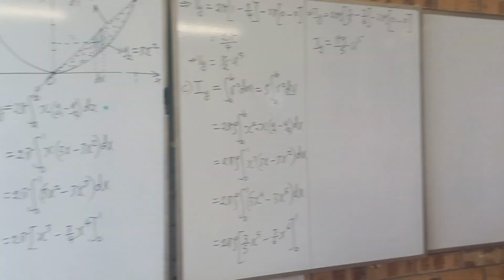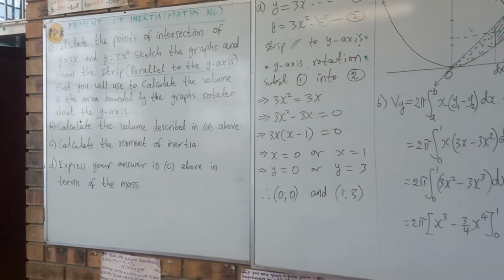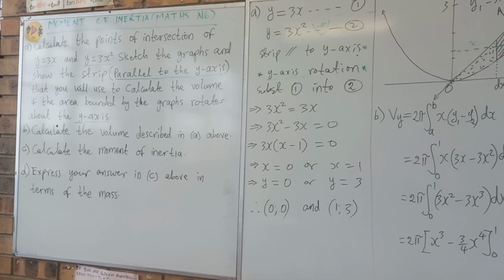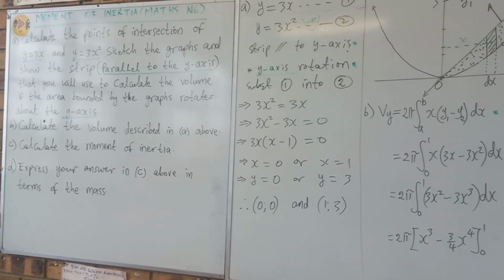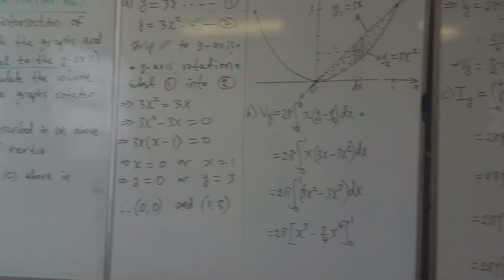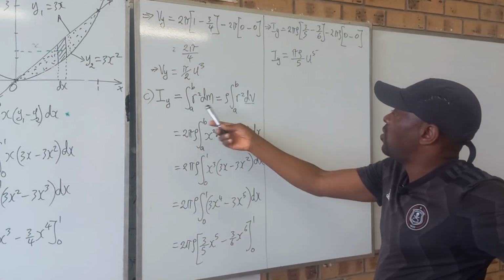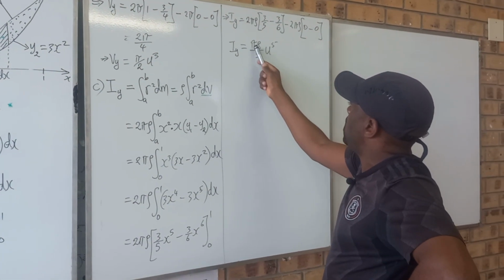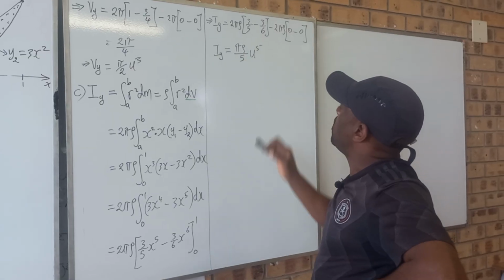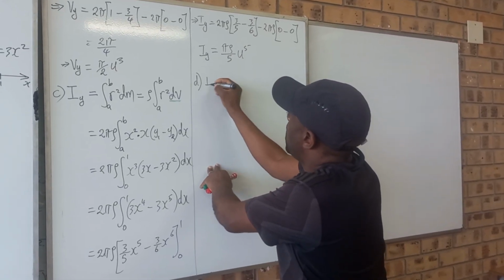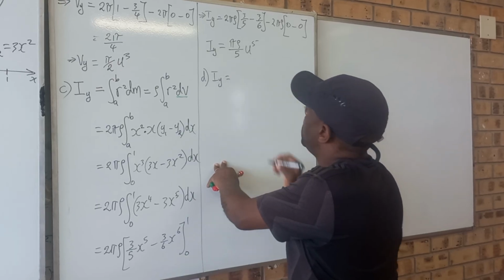We can now look at the very last part, which says express your answer in C above in terms of the mass. So that should be a very simple exercise, because in our C above we've seen that our moment of inertia is pi density over 5. So if we want to express it in terms of the mass, this is what we simply do.